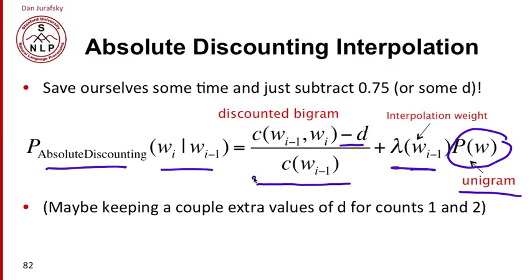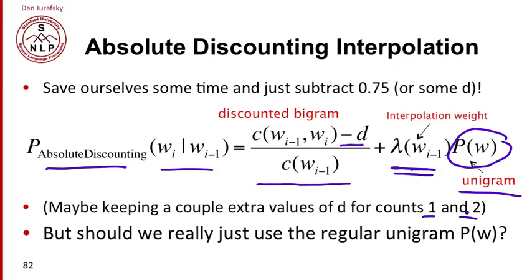So we have a discounted bigram probability mixed with some weight, which I'll talk later about how to set, with a unigram. And maybe we might keep a couple extra values of D for counts 1 and 2. Counts 1 and 2 we saw on the previous slide weren't quite subtracting 0.75, so we can model this more carefully by having separate discounts for those.